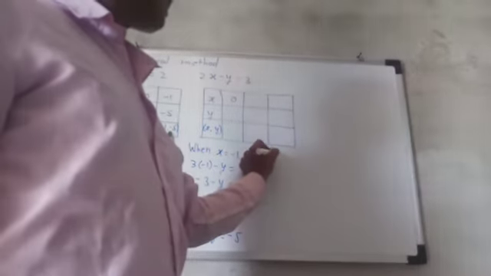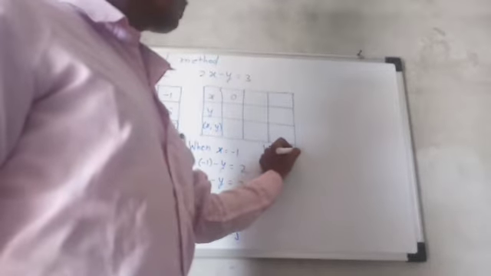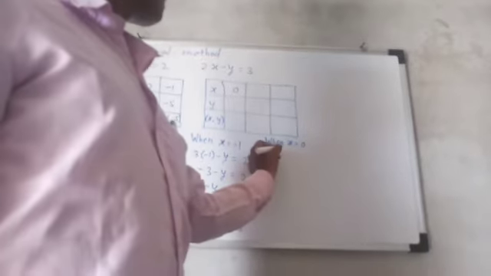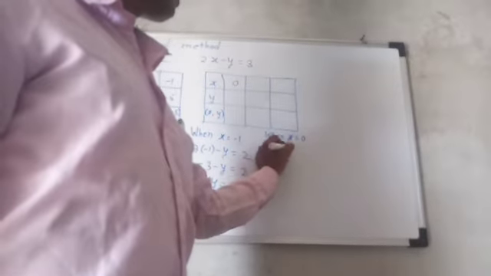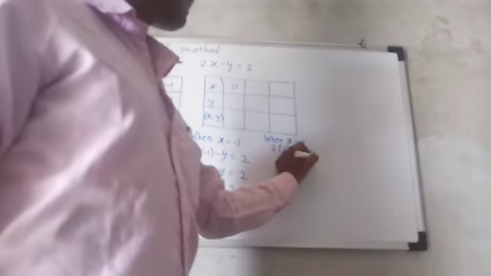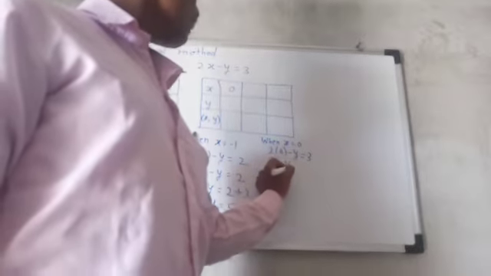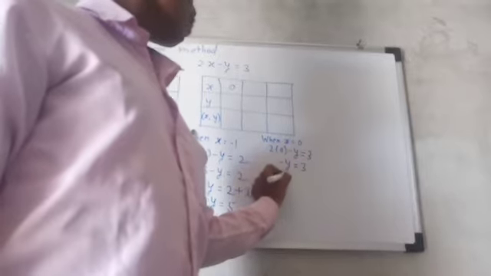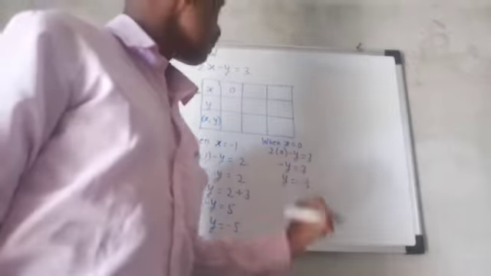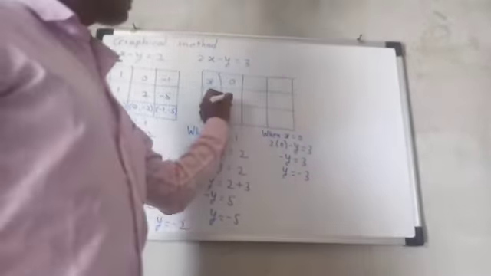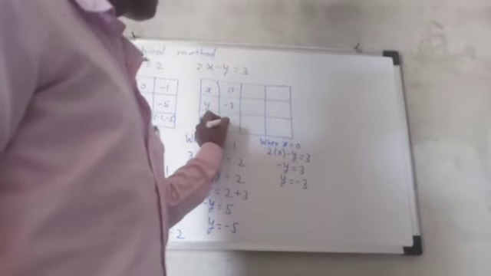When x is equal to 0, 2 into 0 minus y is equal to 3. 2 zeros are 0 minus y is equal to 3, means minus y is equal to 3. y is equal to minus 3. The point is 0, minus 3.